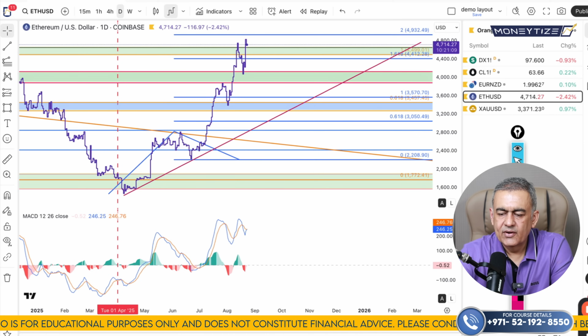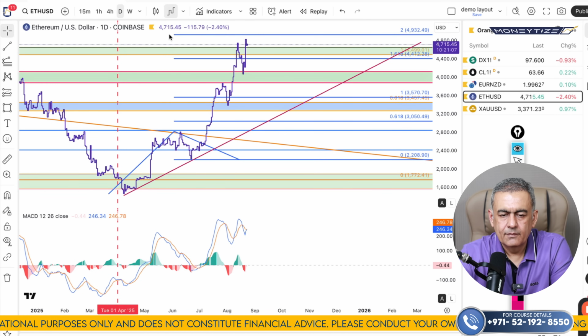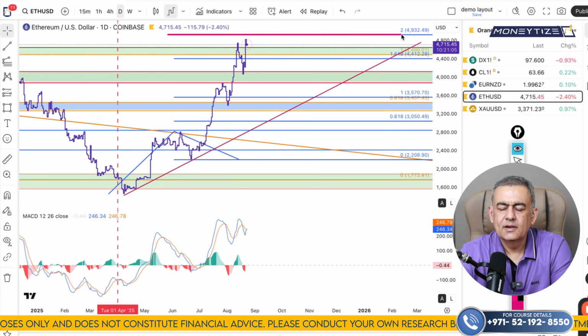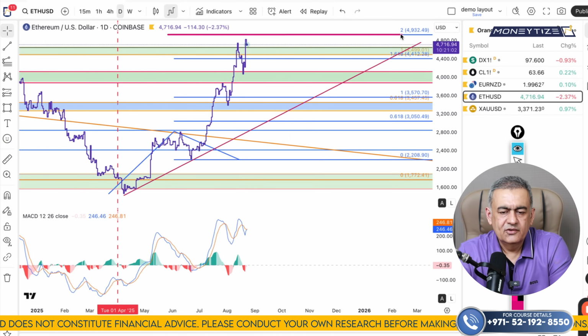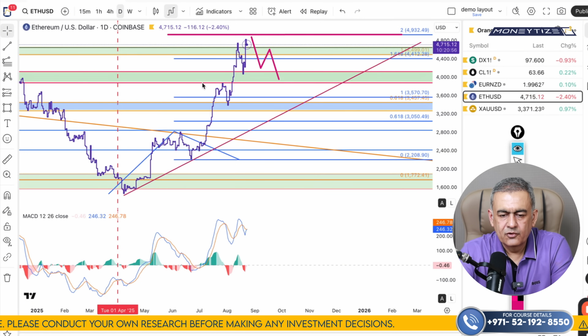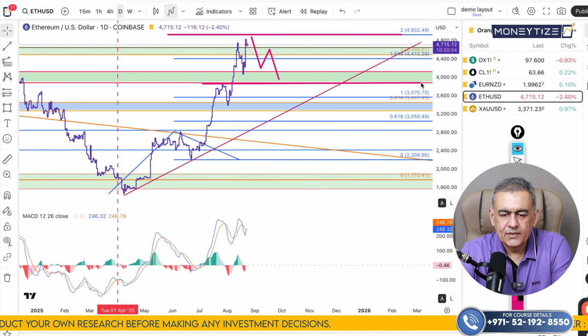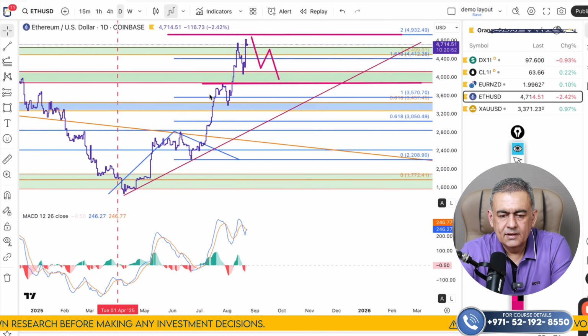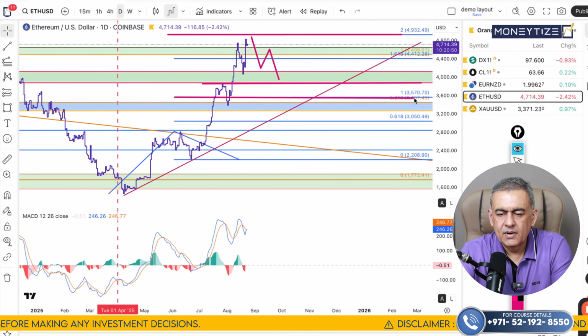Now the plan is, if I get to see correction from the current high, I'm not going to get involved in sell trades. I'll be patiently waiting for the drop, and the first opportunity is around 4,000. If it gets deeper, then the next opportunity to accumulate my buy position would be around 3570.